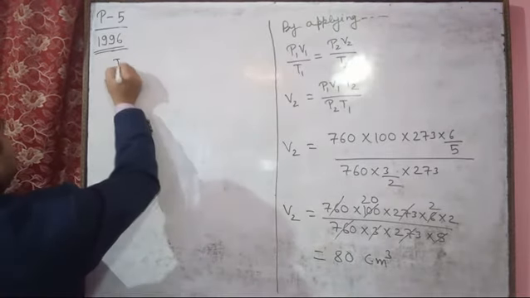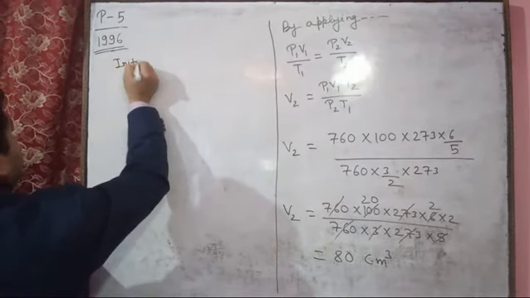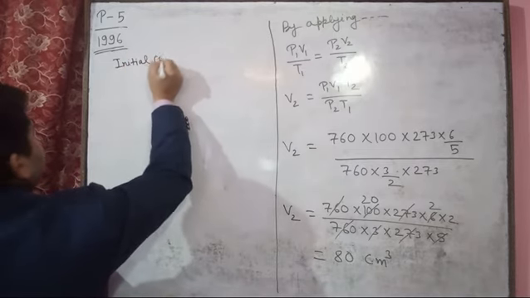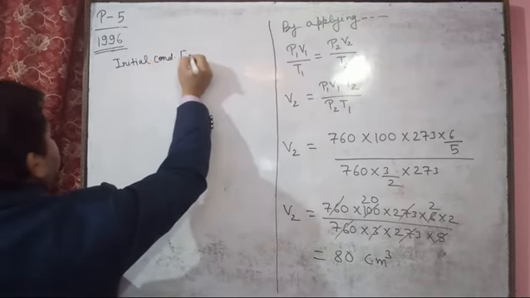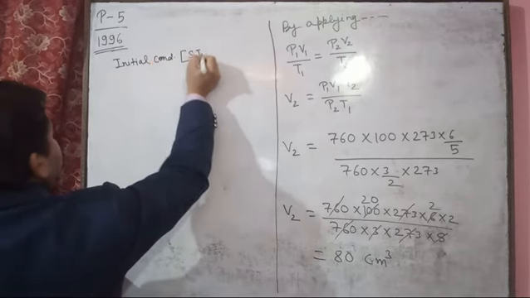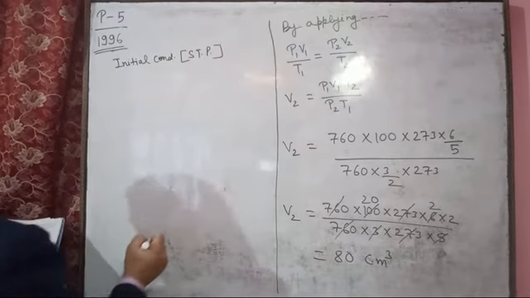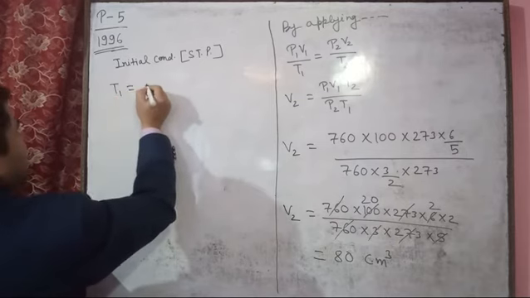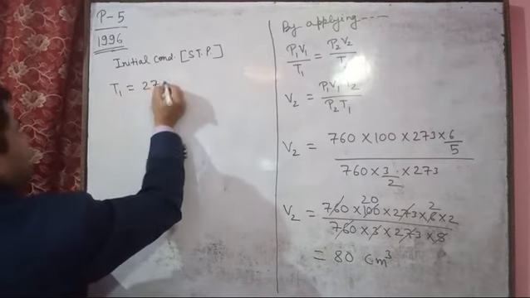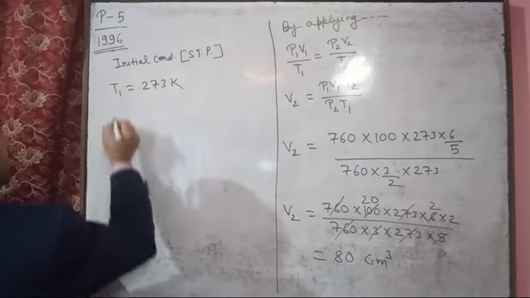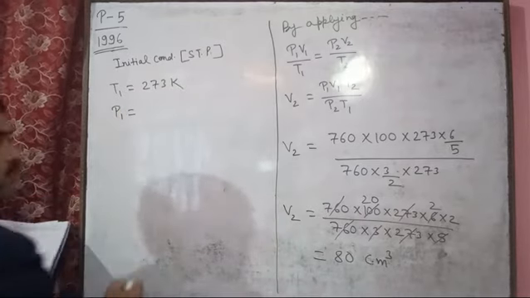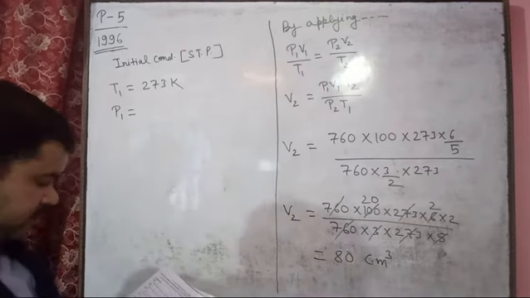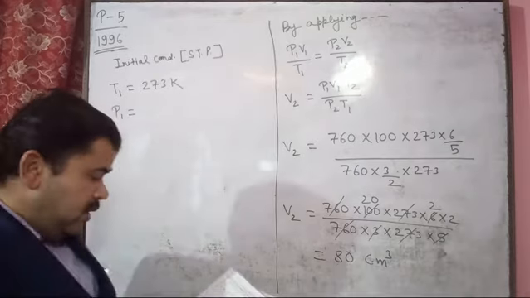So if we take the initial condition, at STP we will take here. So what are the values here? At STP the temperature T1 will be 0 degree Celsius, so we will write 273 Kelvin, and P1 given at STP means pressure will be 1 atmosphere.